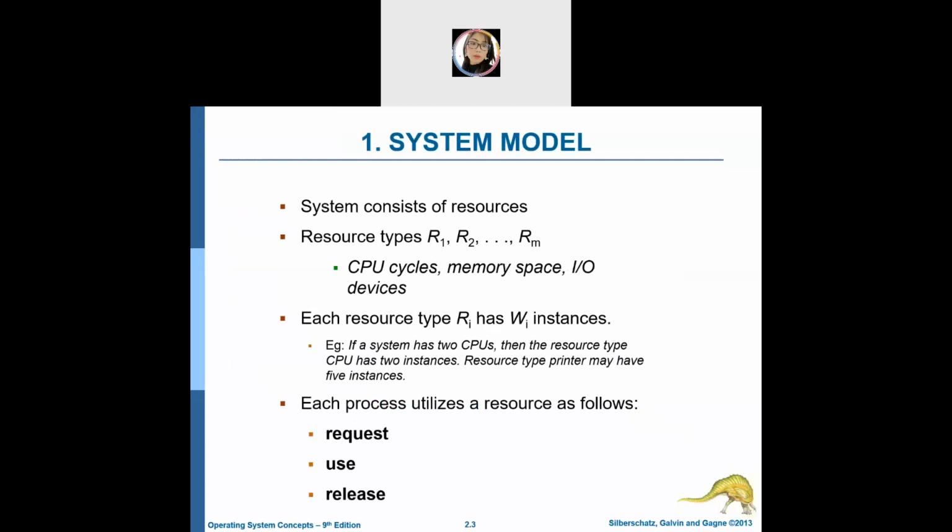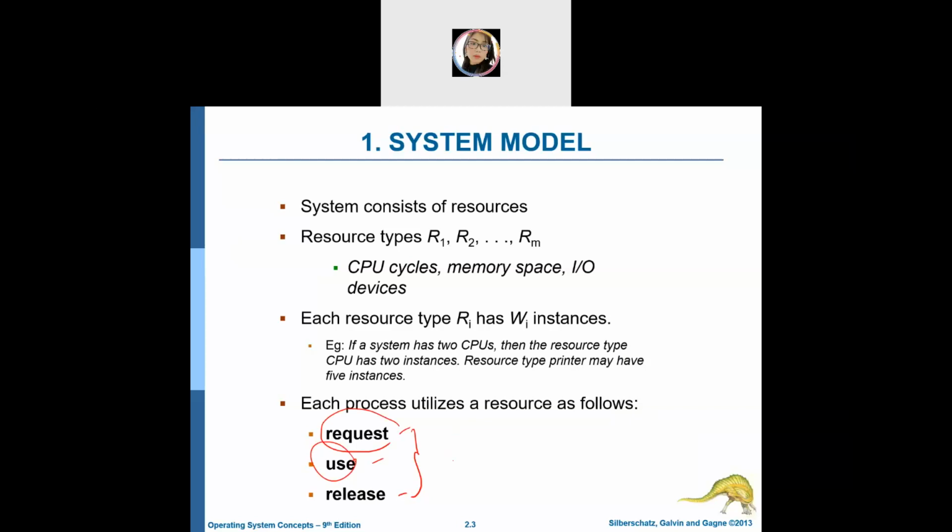Please make sure that before you go deeper, you already understand the introduction, especially these three things: request, use, release. This is a normal process, which I already shared with all of you last time. Before you go somewhere, you need to have a request or permission, then you can use.